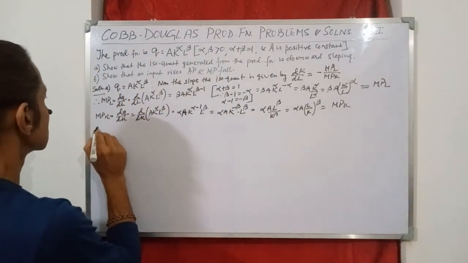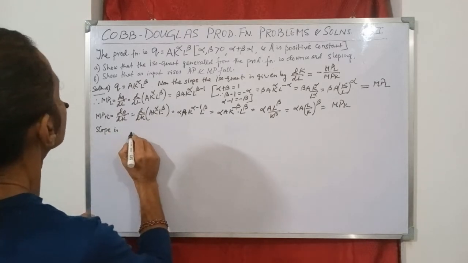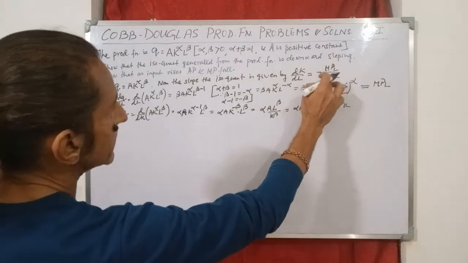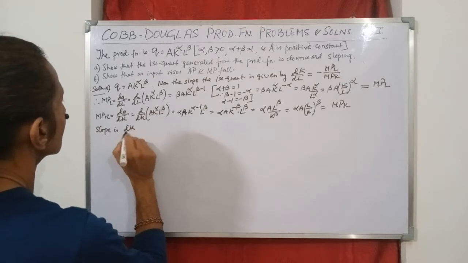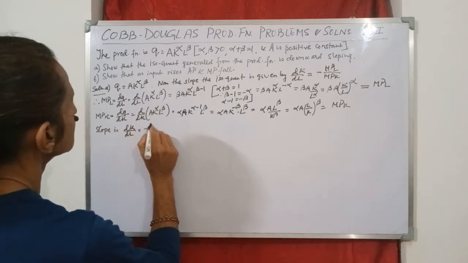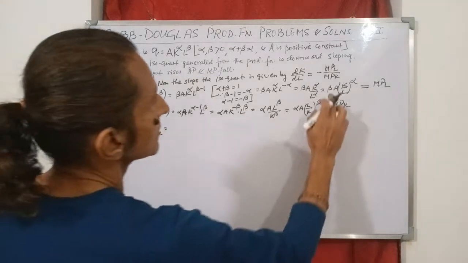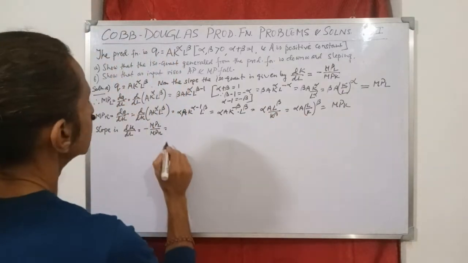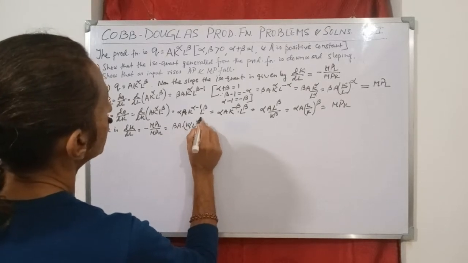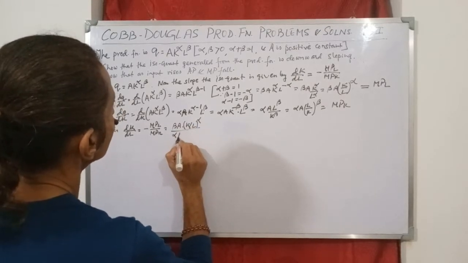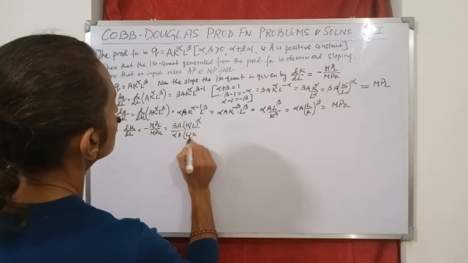Now the slope is what? dK/dL equals minus MPL by MPK, equals minus this divided by this, that is beta A (K by L) to the power alpha divided by alpha A (L by K) to the power beta.